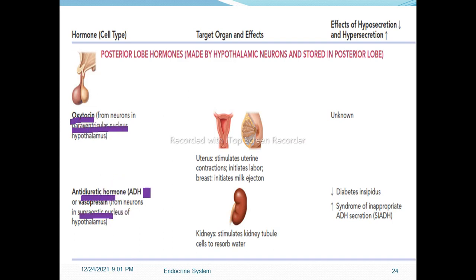Oxytocin acts on the uterus, stimulating uterine contraction and initiating labor for delivery, and on the breast, initiating milk ejection. Antidiuretic hormone stimulates kidney tubule cells to reabsorb water. If its secretion decreases, it leads to diabetes insipidus. If it increases, it causes syndrome of inappropriate antidiuretic hormone secretion.